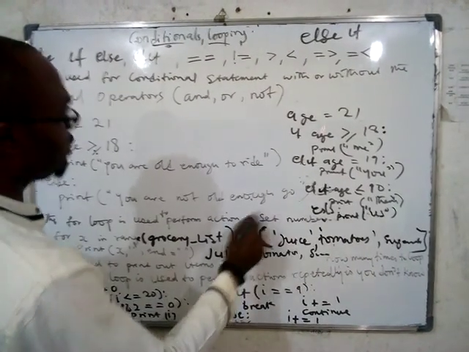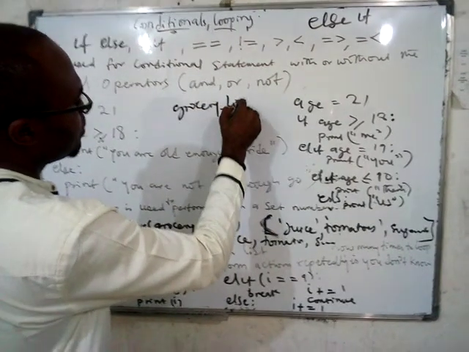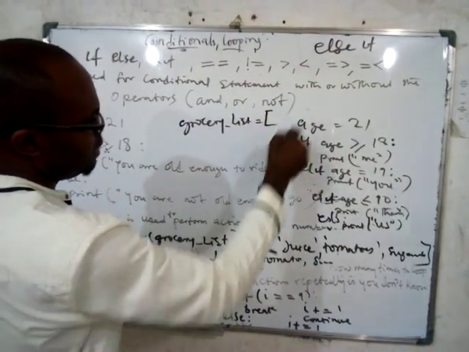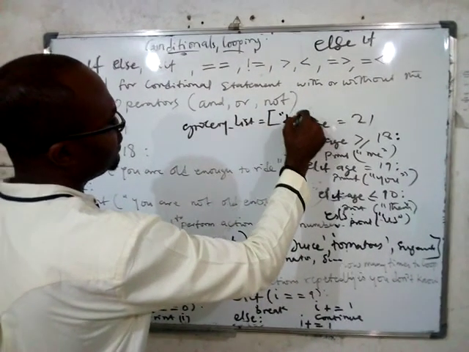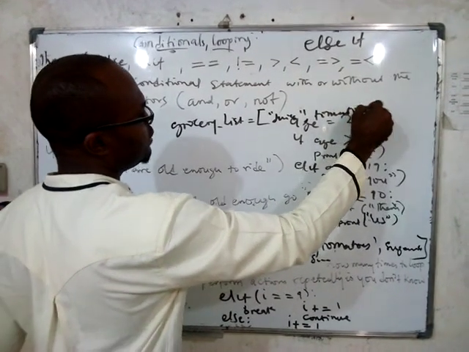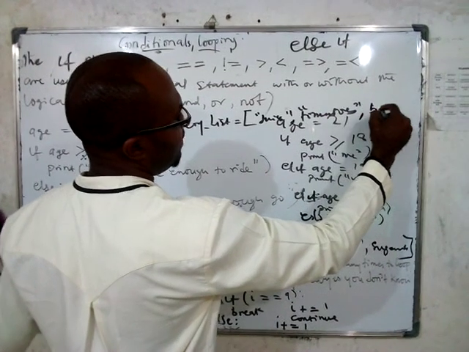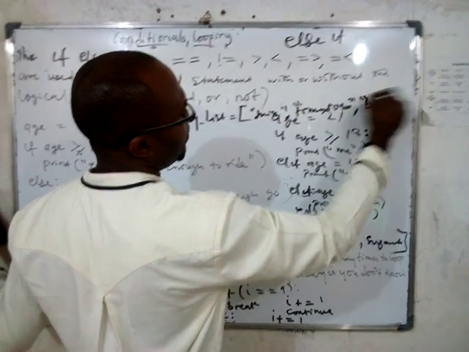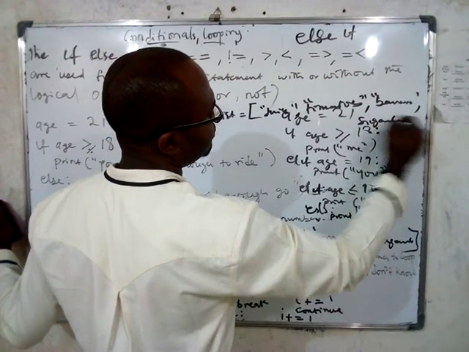And you know that you create grocery list by simply saying grocery list equal to this. You write everything here. Juice, tomatoes, banana, sugarcane.